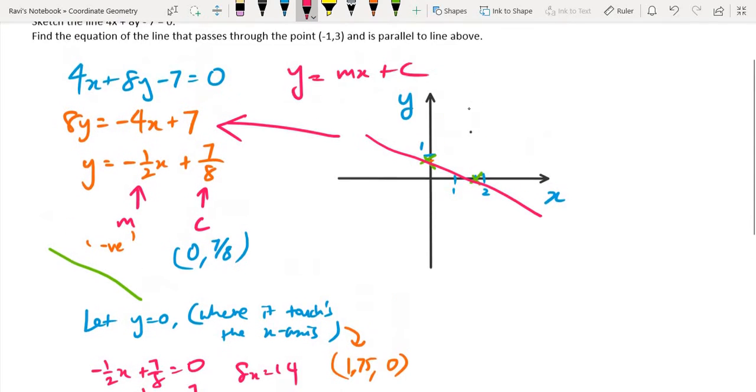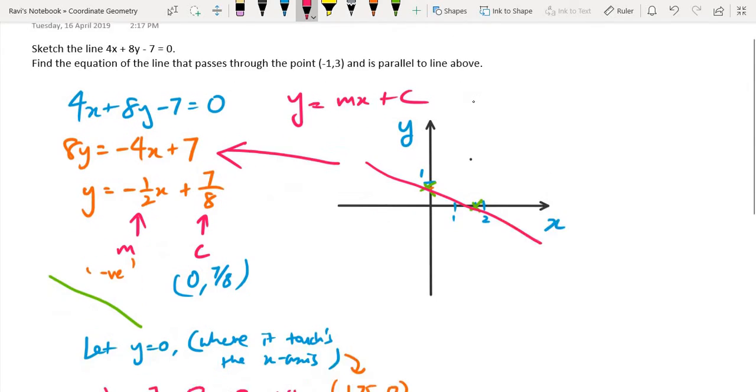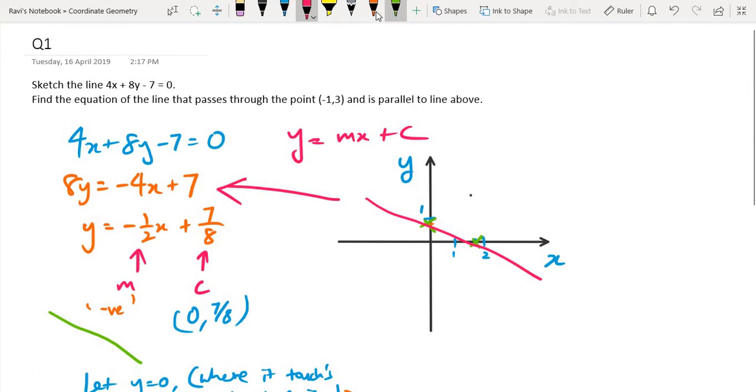Now the second part here, the question tells us to find the equation of the line that passes through the point (-1, 3) and is also parallel to the line above. If we say that two lines are parallel, what does it mean?